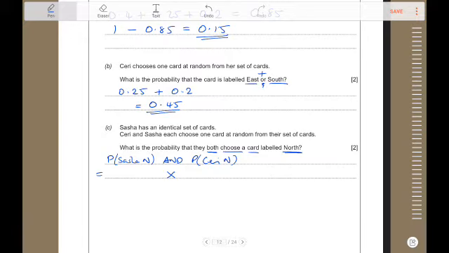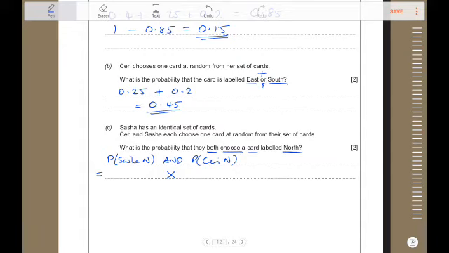I'll go back to rolling a die again. If you were asked to roll a 1 and then roll a 2 in order to win, that's more difficult than just rolling a 1 on its own.